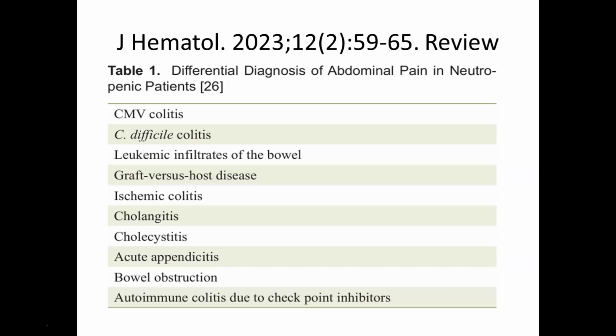And the reverse also applies, where there is a discrepancy between pathology and clinical findings: in 26% of cases that had suggestive histology of NE, the patients were initially clinically not suggestive of neutropenic enterocolitis. So keep in mind that there could be discrepancy between clinical findings.